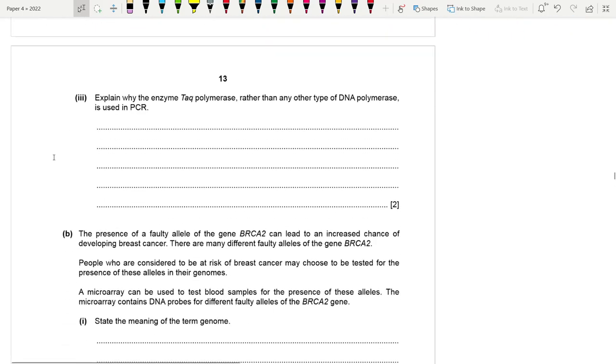So explain why Taq polymerase is used. Why not any other enzyme like the normal DNA polymerase from our body? Why bother using Taq polymerase, right? So the main purpose is it is heat stable, right? Thermus aquaticus Taq polymerase is heat stable, or it works at high temperature.